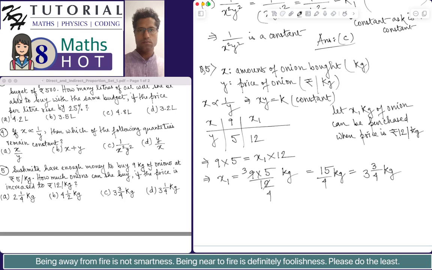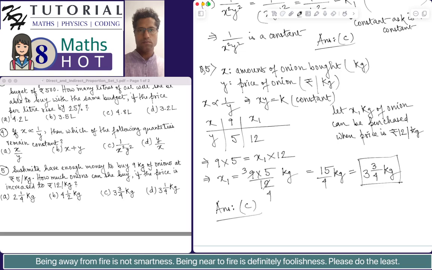So this amount of onions can be purchased when the price of the onion is rupees 12 per kg. So the correct choice is C. C is the correct choice.